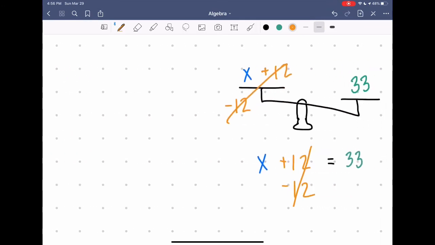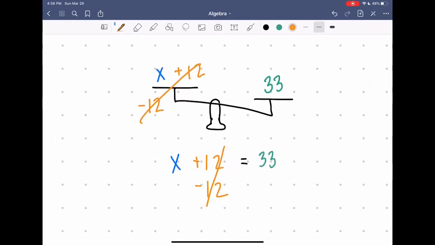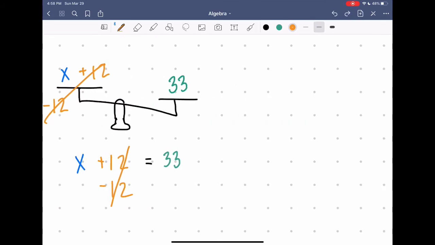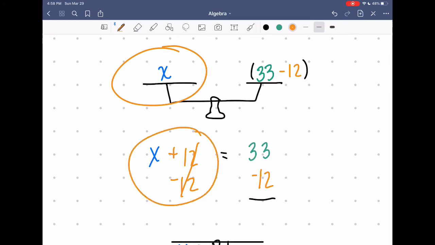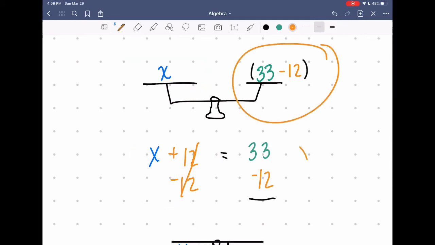But once I take away the 12, that makes my scale unbalanced. The only way to get it to balance out again would be to take away the same amount from the other side. So I took away 12 over here, and now I'm going to have to also take away 12 here. So as you see right here, that's what I did. The 12 is gone from this side, and it has been taken away from this side.